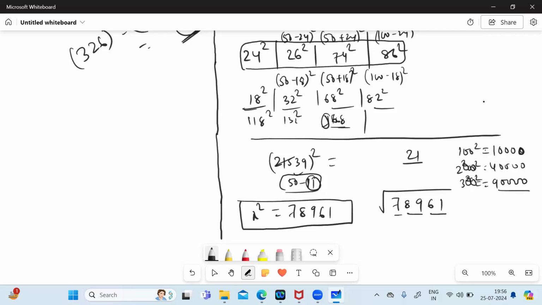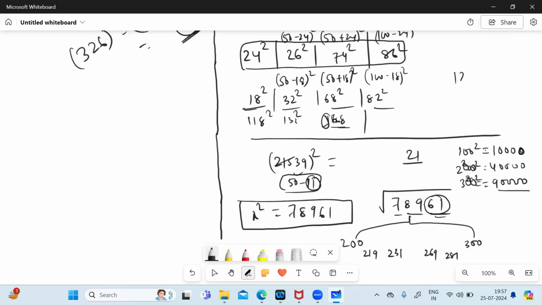So I can easily tell that the square root of this number will be between these. Now, with this 61, I can tell that the number can be either 219, or 231, or 269, or 281. You know? Because 61 comes as the last two digits for 19 square.